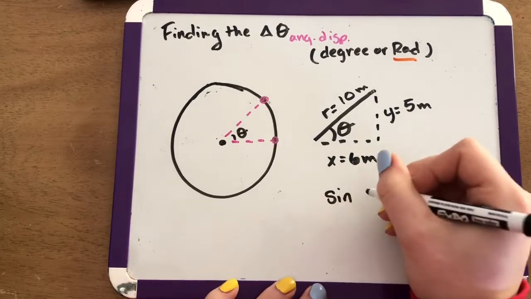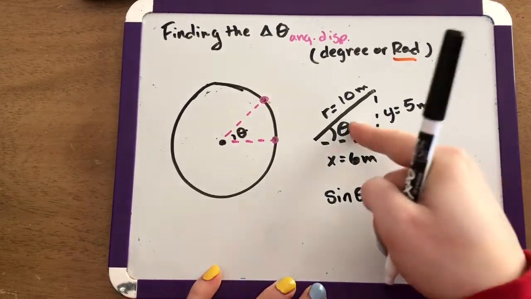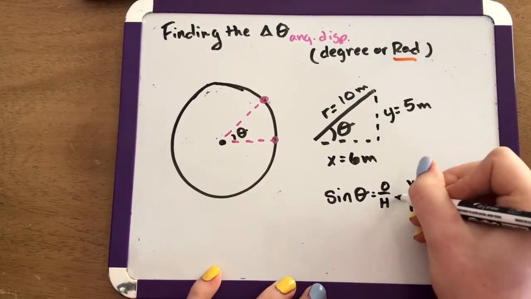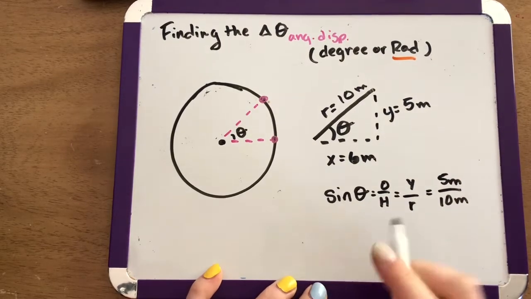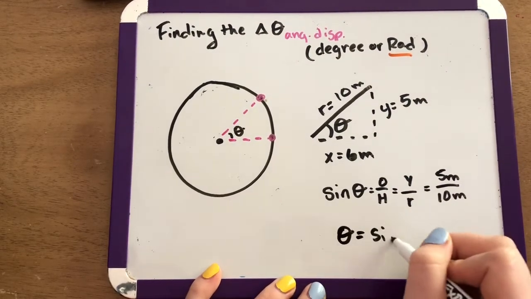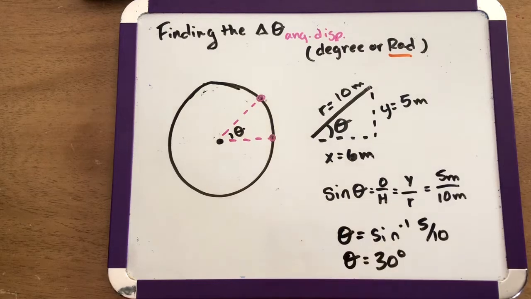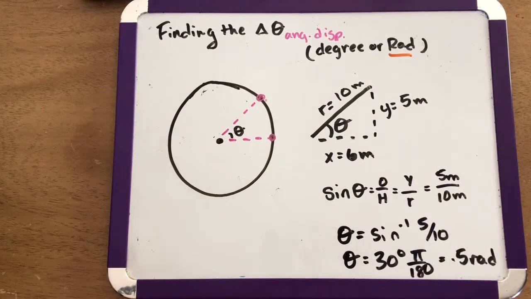I'm going to use sine, which is opposite over hypotenuse, which is our y over our r. So 5 divided by 10. And to solve for the angle, we'll have to move the sine over, so it'll be the sine inverse of 5 over 10, which gives us an angle of 30 degrees. Now we have to convert that to radians by multiplying by pi over 180. This gives us 0.5 radians.